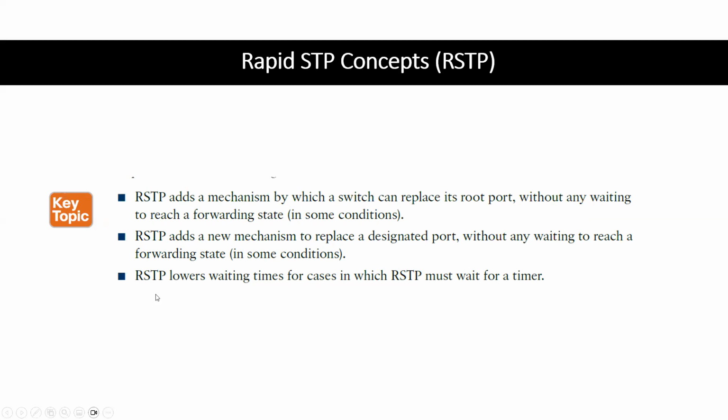And rapid spanning tree also lowers waiting times for cases in which it must wait for a timer. So we're killing that. We still have those listening and learning states, I want to correct myself, but we're not waiting for the max age timer to expire.